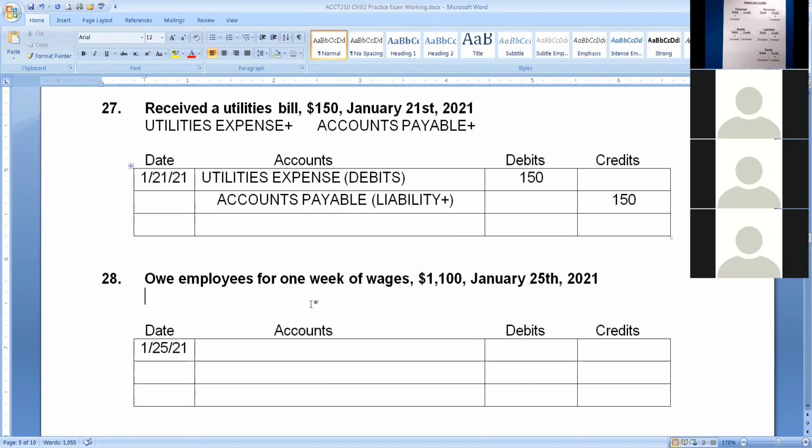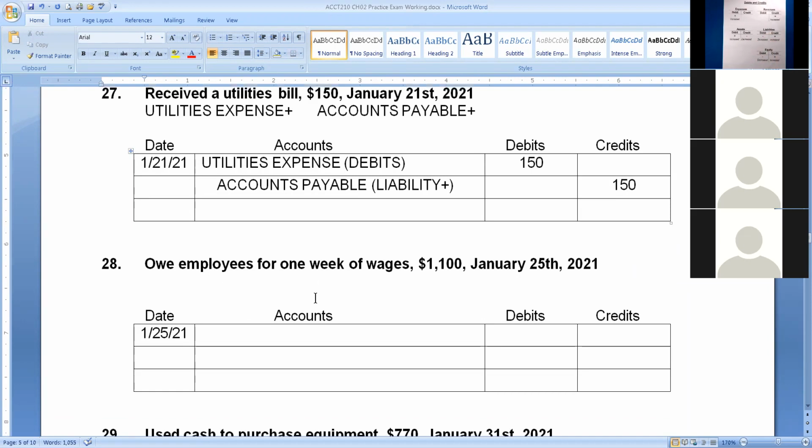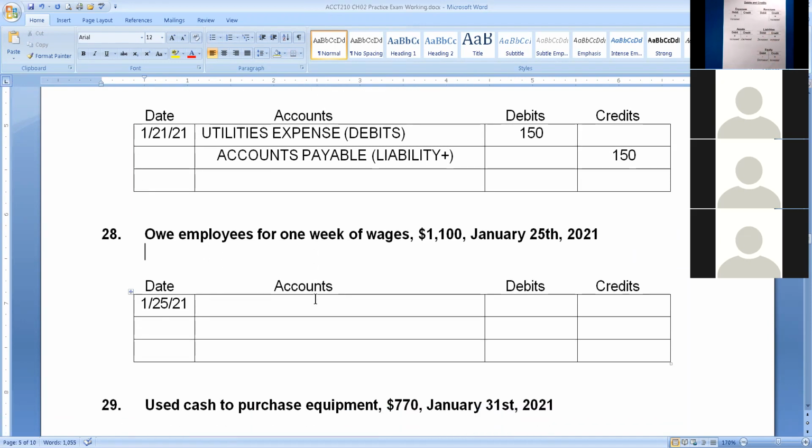Employees for 1 week of wages. Wages expense. Yep, and at that point, we know the debits and credits because the expense is always going to be a debit.